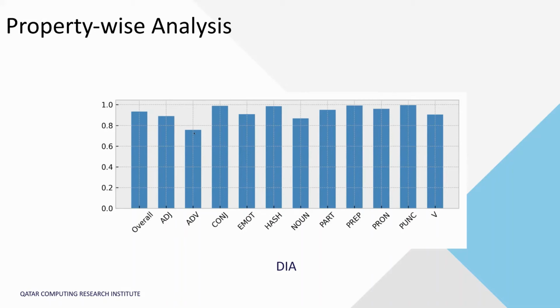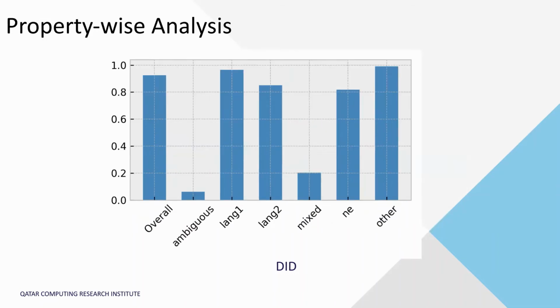And most probably it's due to the frequency of the adverbs compared to the other tags. So this is for the direct identification. As you can see here, there is good performance overall for language one and language two, so it's able to distinguish.